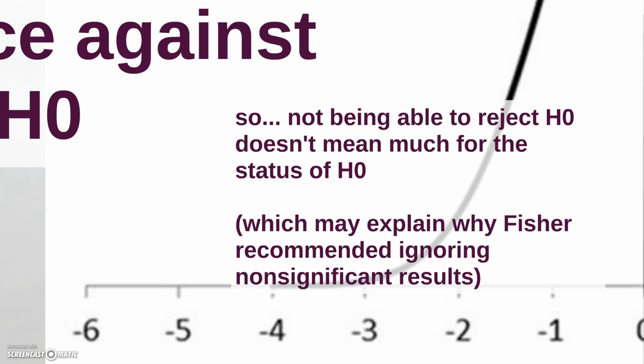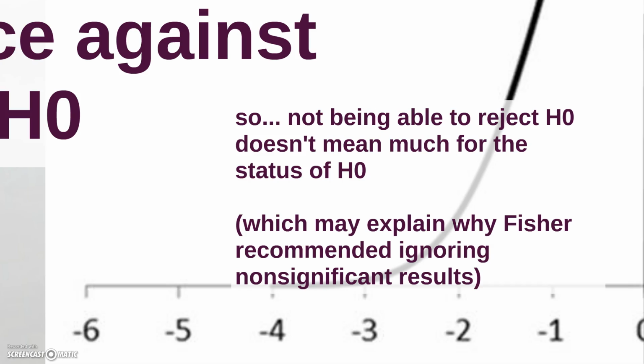So basically, not being able to reject the null hypothesis doesn't mean much for the status of the null hypothesis itself. It doesn't tell you much about, for example, whether there is no difference. Actually, it tells you more that if there is a difference, you have not been able to capture it because your sample size perhaps was too small.